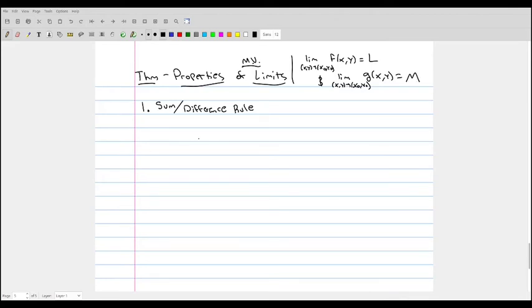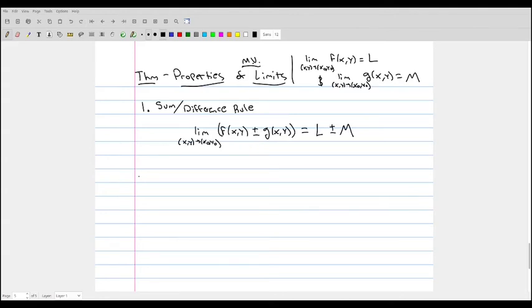So the sum/difference rule says that if we take the limit as (x,y) goes to (x0, y0) of f(x,y) plus or minus g(x,y), like you're taking the limit of the sum or difference of two functions, this limit is going to be equal to the limit of the first function plus or minus the limit of the second function, whatever you have.